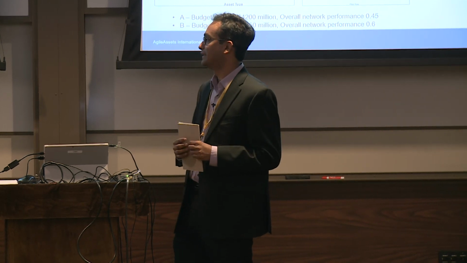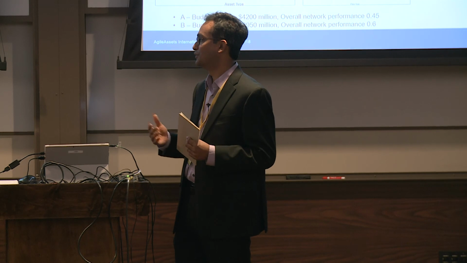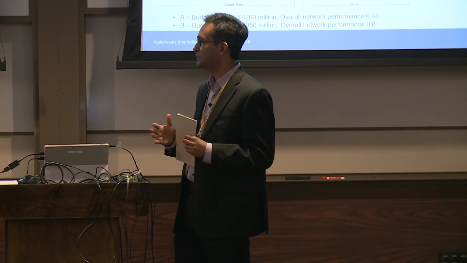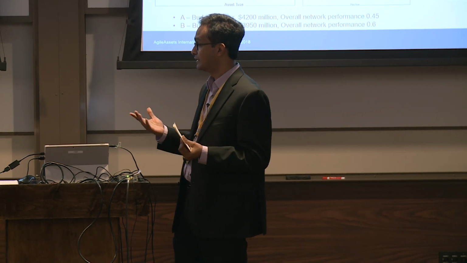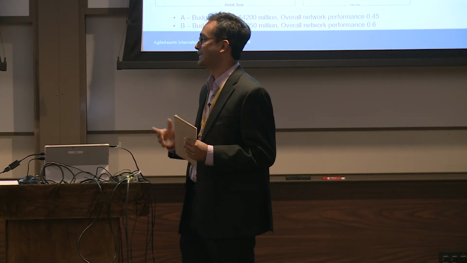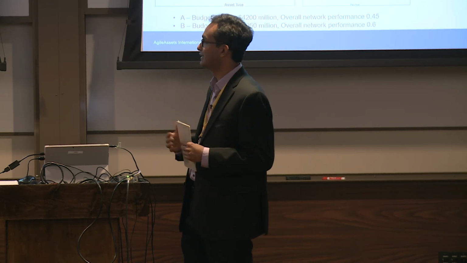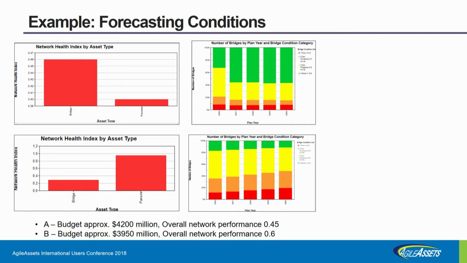So it's getting better there. In the second option, I did not do much for bridge, so the condition of the bridges really deteriorated. My good condition of the bridge started at say 20%, and at the end of 5 years is roughly 10%. So I'm really not doing anything for the bridge.